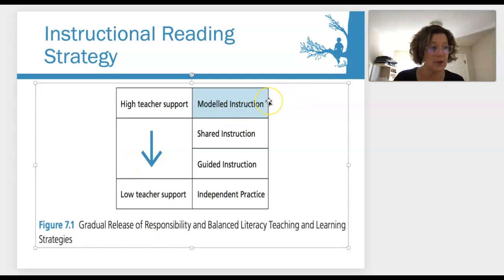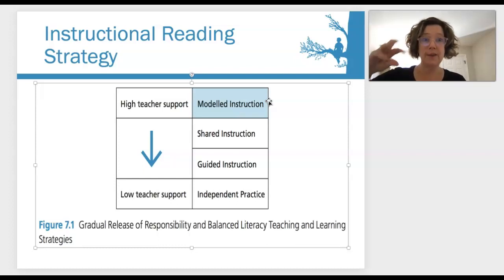So modeled instruction is explicit demonstration of a particular skill that uses the think aloud strategy. And the think aloud strategy is literally the teacher saying what the teacher is thinking around that particular reading strategy.